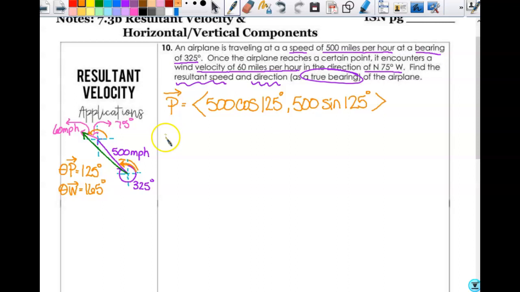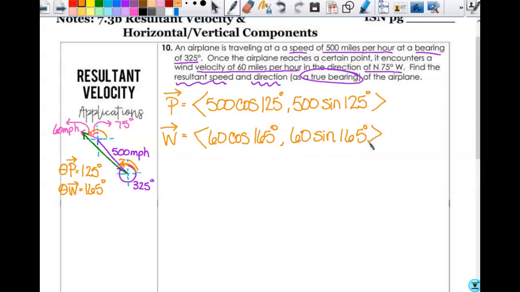Then the vector for the wind is going to be 60, because that's the magnitude for the wind, times the cosine of the angle that we found, which is 165, and then 60 times the sine of 165. Right, so there are my two vectors.